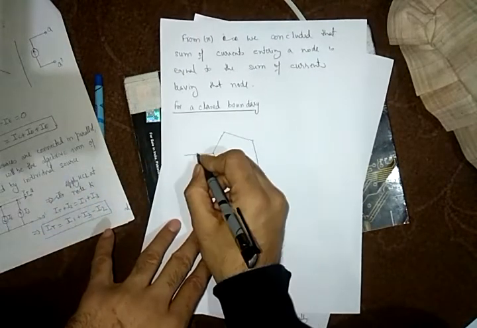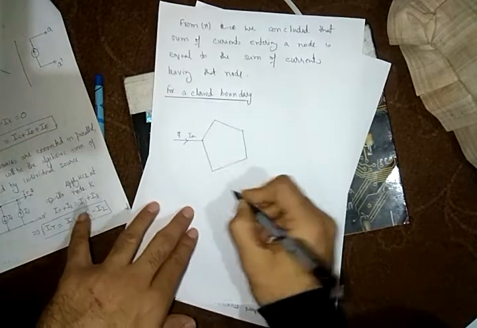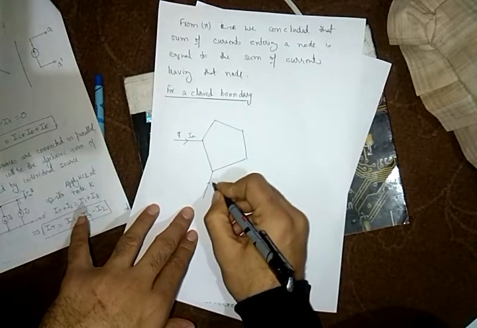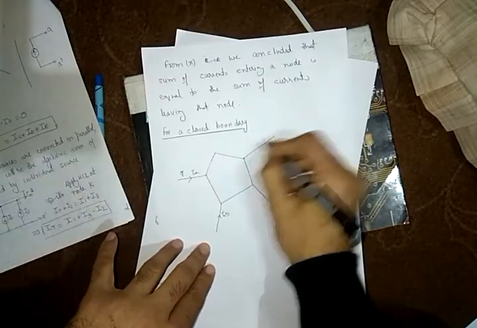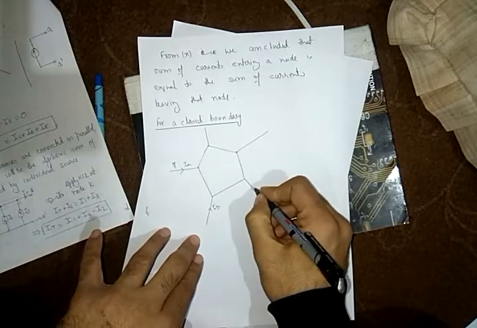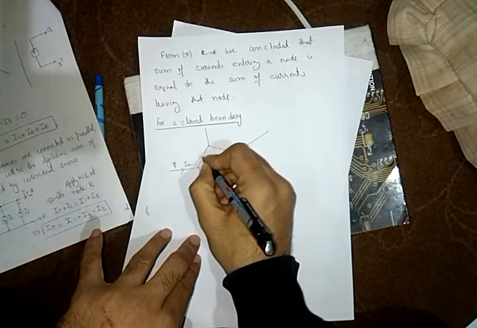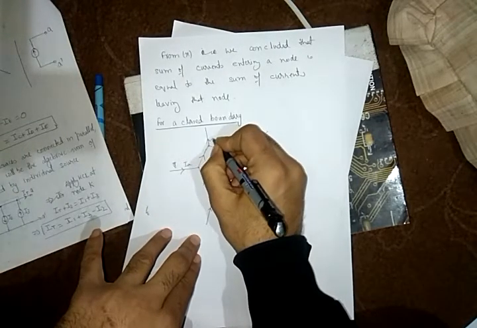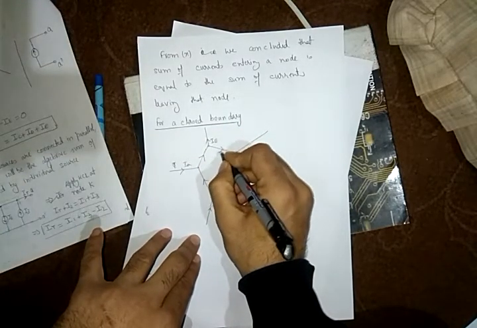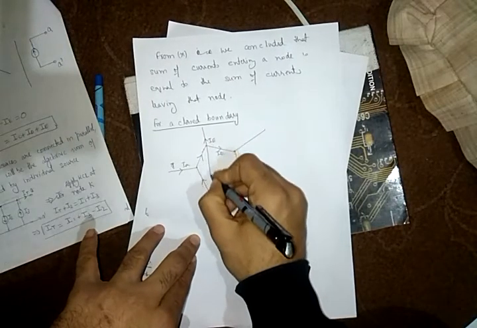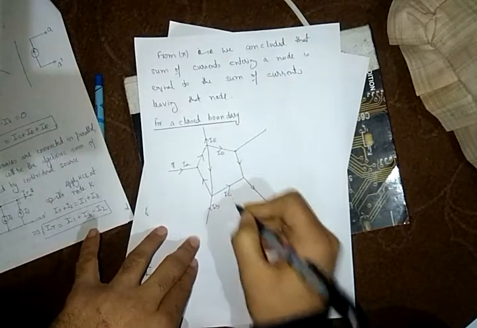So suppose here the current is IA, here the current is IB, here a current is flowing in this direction, here the current is flowing in this direction, here it is flowing in this direction, here the current is IE, here the current is ID, and some current is flowing from this point to this point as well, and here the current that is flowing is IC.